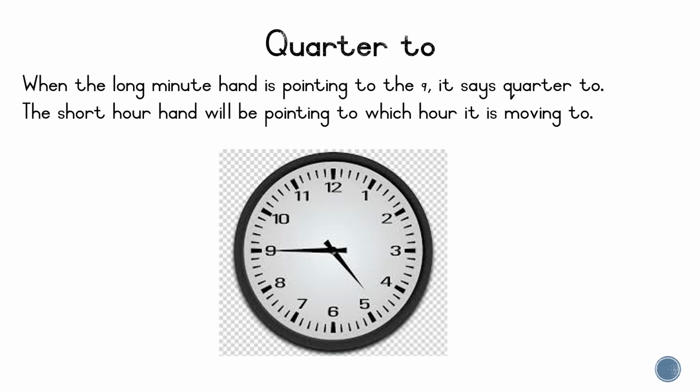Now we have to find which hour it is moving to. So let's look at the short hour hand. To which hour is it the closest? It's pointing to the 5. So what is the time on this clock? Think a little bit. Yes, this clock is showing quarter to 5.